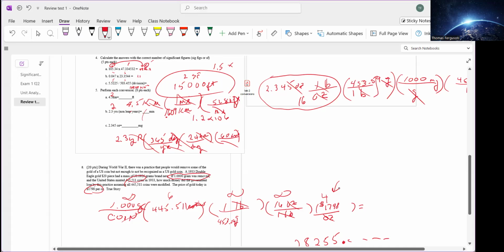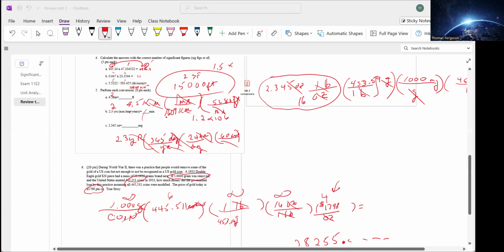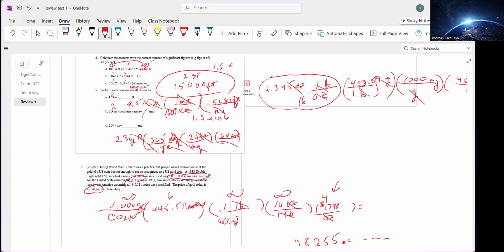For lab 3, we would have to turn in this packet, lab 3, and then also a separate paper with our lab write-up. This is a good example, not perfect.